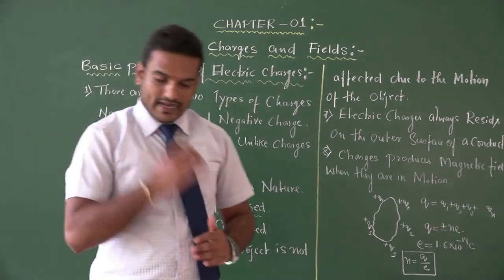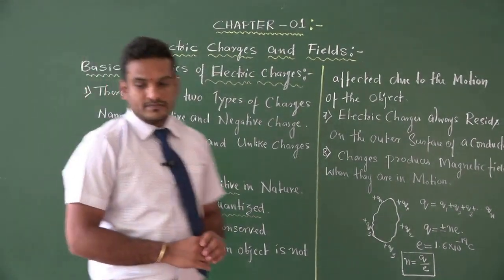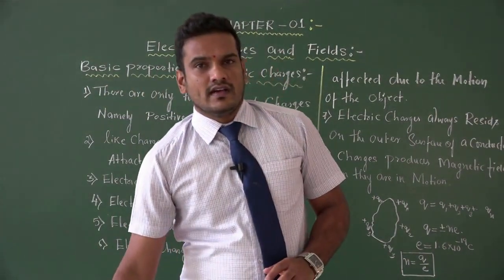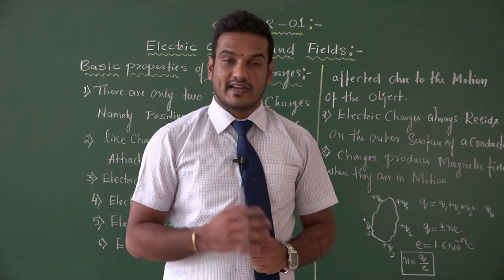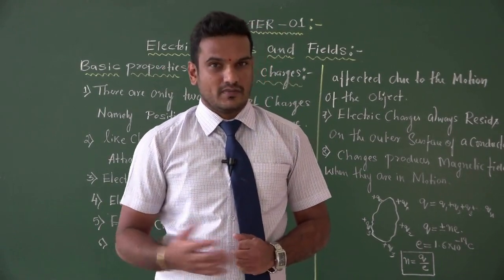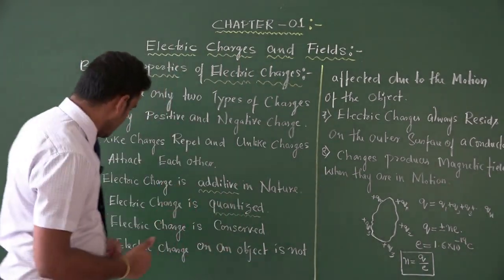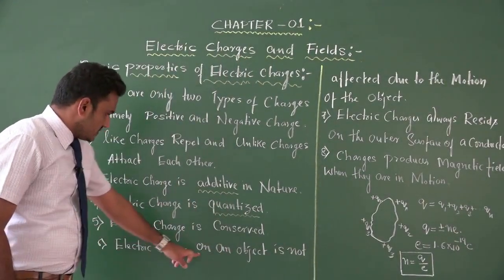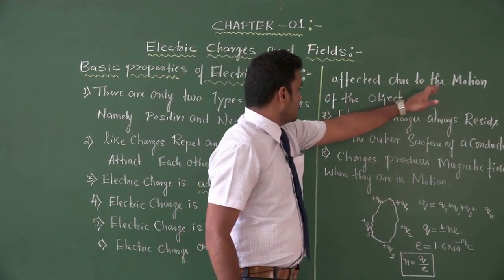We'll move to the next property. Electric charge is conserved. It means electric charge can neither be created nor be destroyed. It can transfer from one body to another body, like the law of conservation of energy. We'll move to the next property. Electric charge on an object is not affected by the motion of the object.